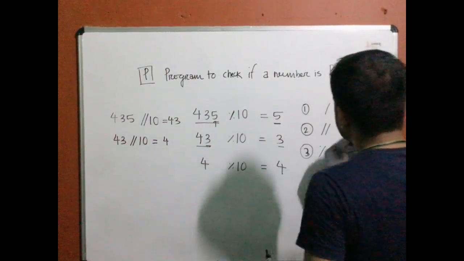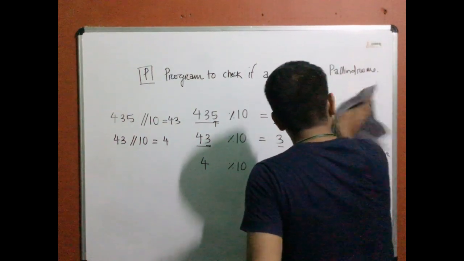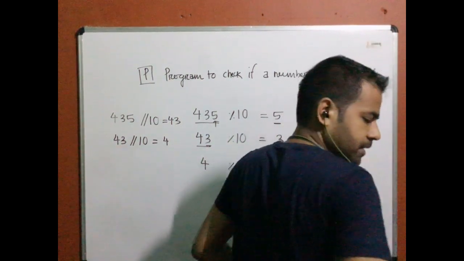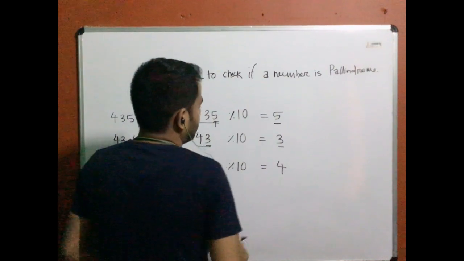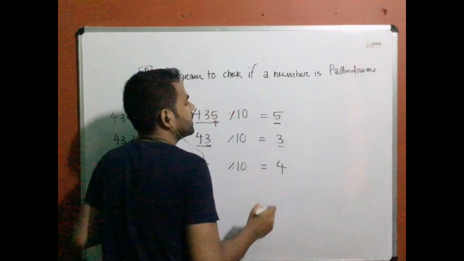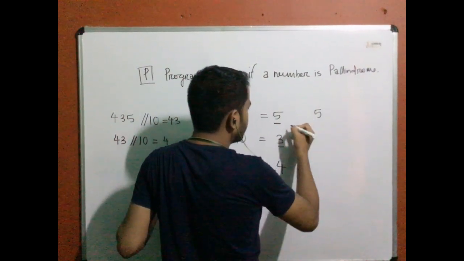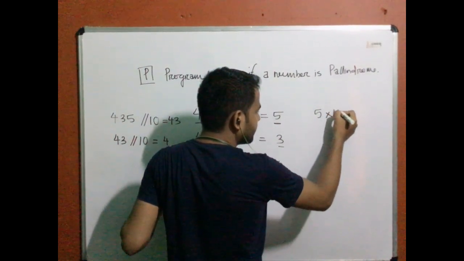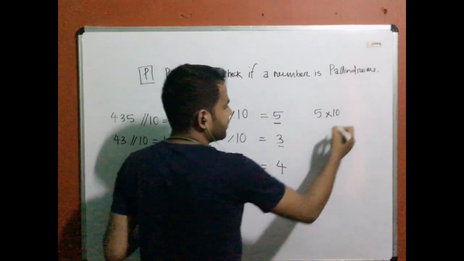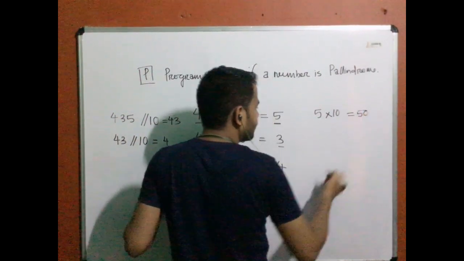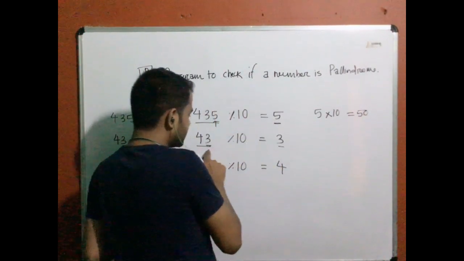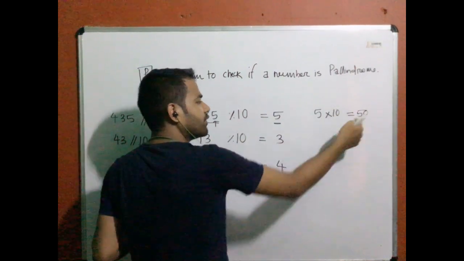Let's study one more concept. We had the number 534. If I multiply 5 by 10, then I'll get 50. What if I add the next digit to that 50?